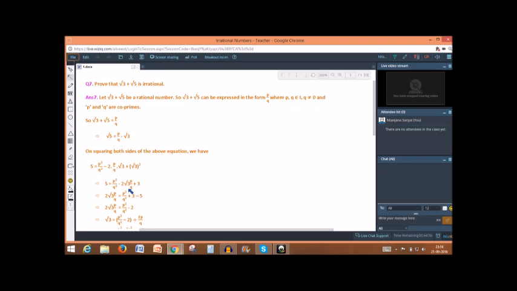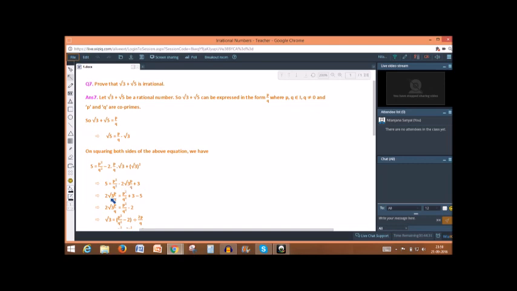Now we find that only this term contains a root. So we are separating this term. Since it is having a minus sign in front, we are taking it to the left hand side so that it gets converted to a plus sign. And we are bringing this 5 to the right hand side of the equal to sign.